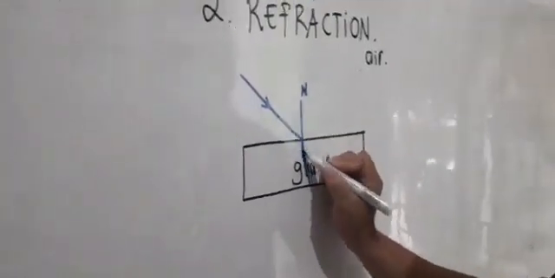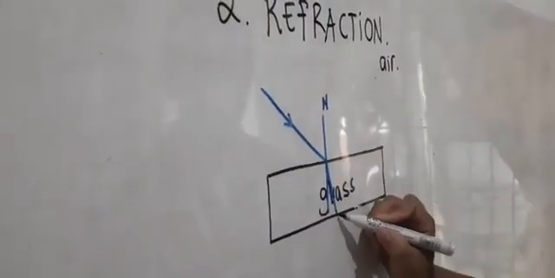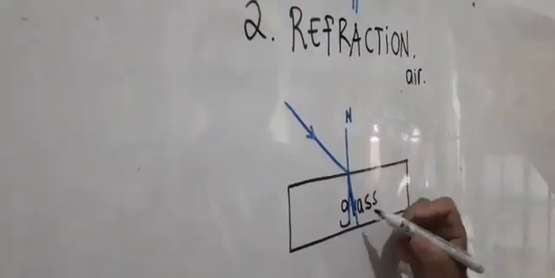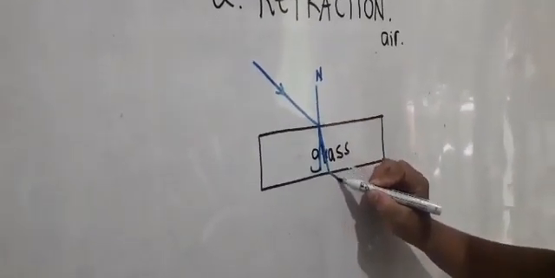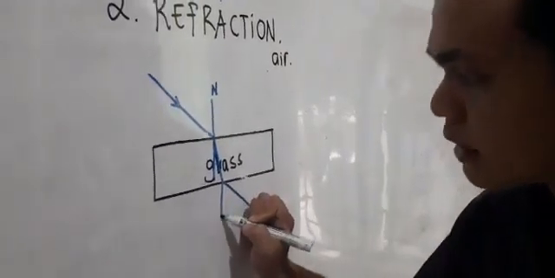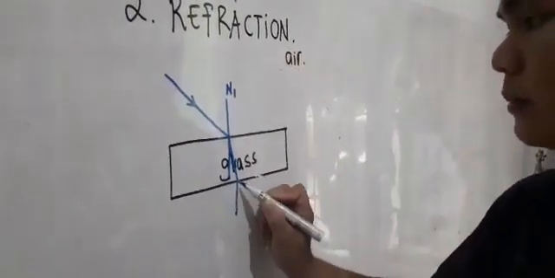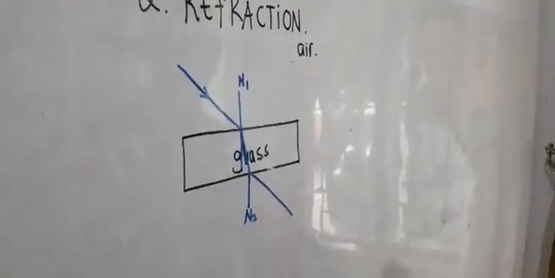Also, when the light comes from the glass to the air, it will be bent away from the normal line. This is N1, normal line 1, and N2, the second normal line.